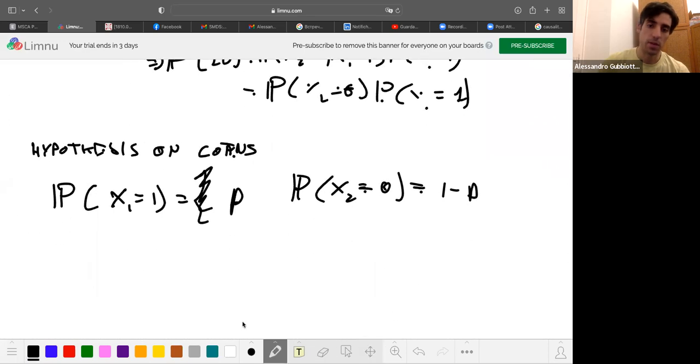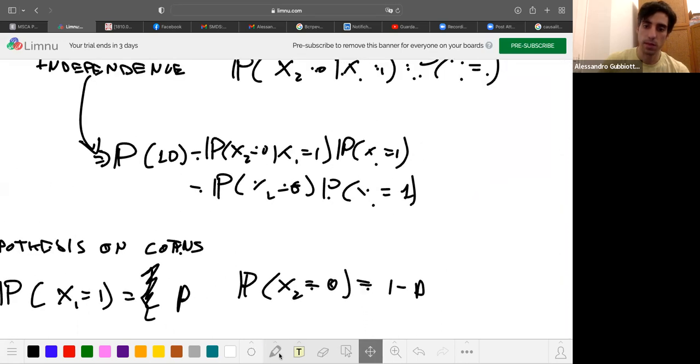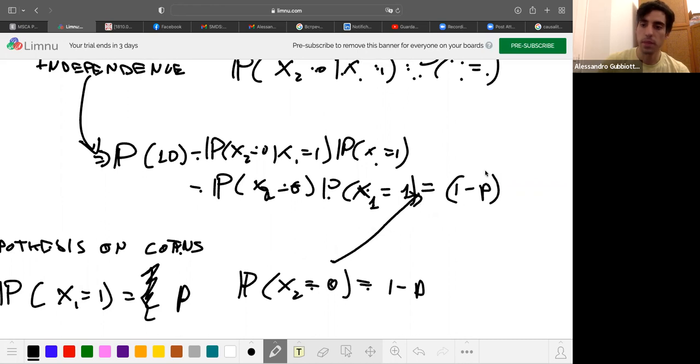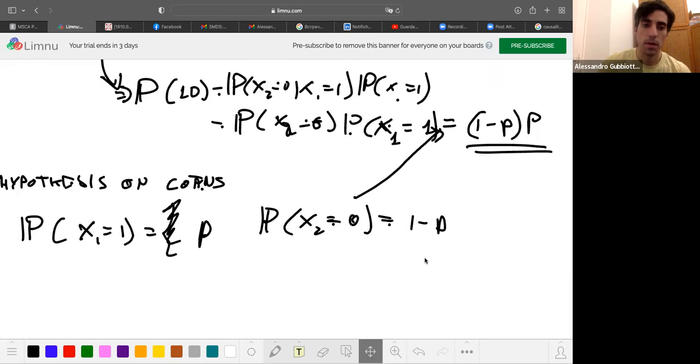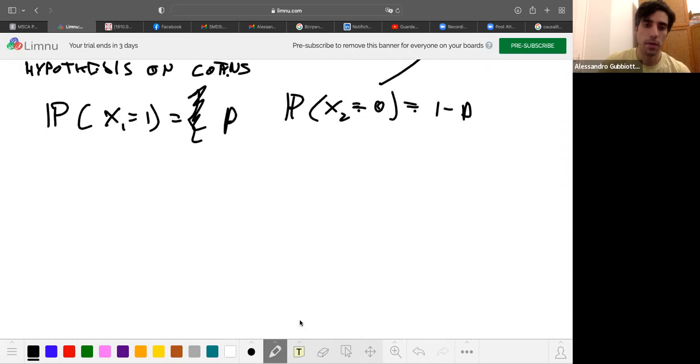Substituting these values, this is the probability of 1,0, of seeing heads and then tails.